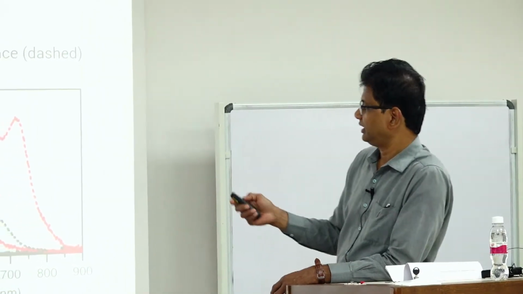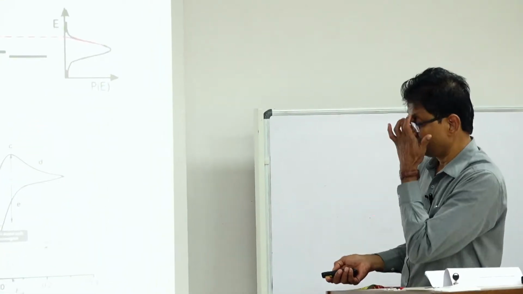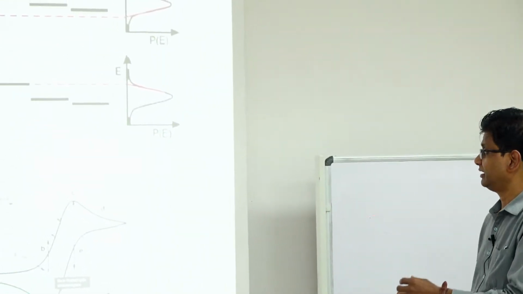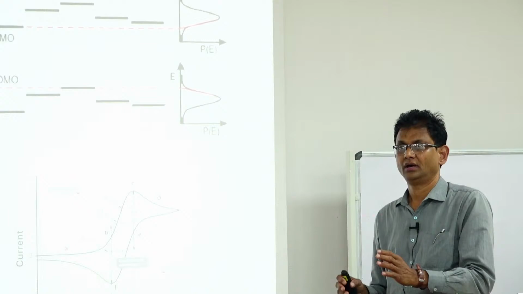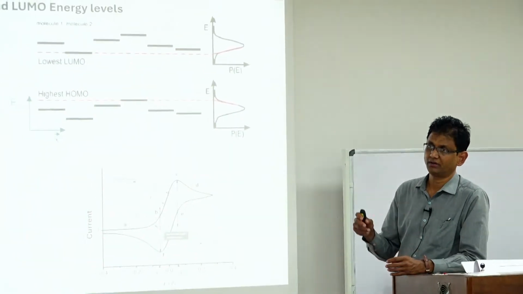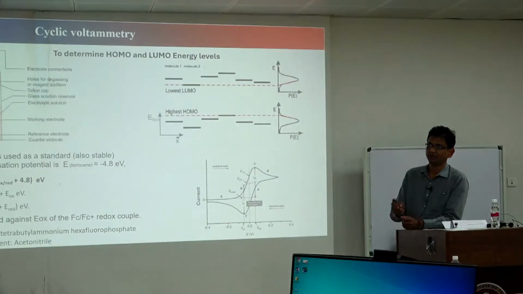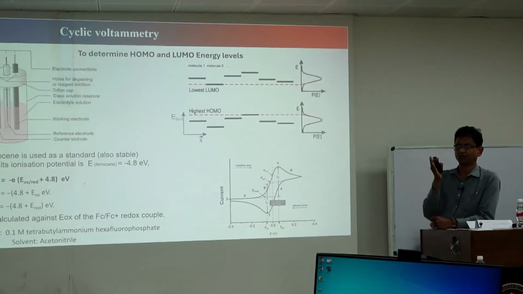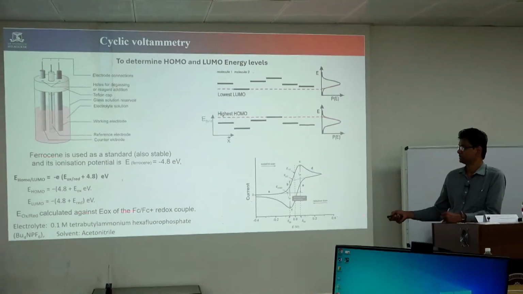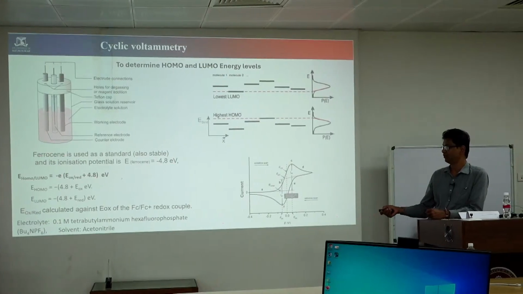Okay, and next one is CV. In the CV spectra, I will give a few published ones, reported ones, which people have already calculated. From the CV spectra, you need to find the onset, and remember this formula, you can write it down, minus 4.8.